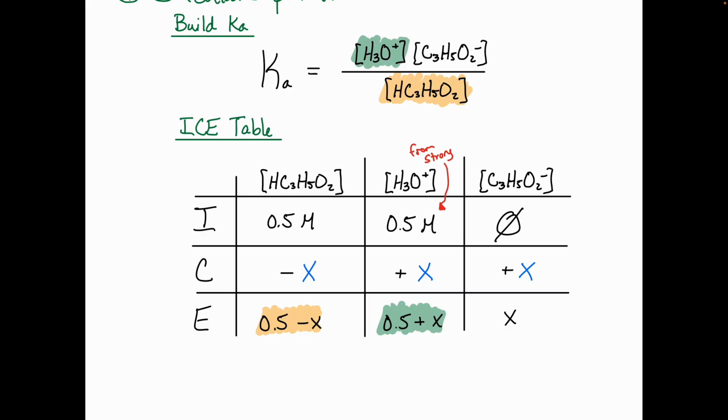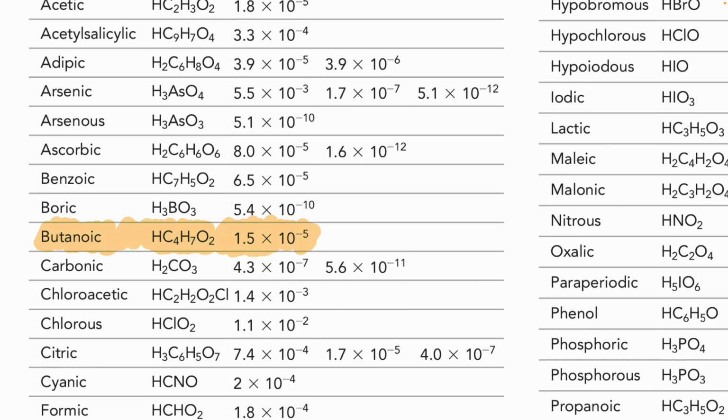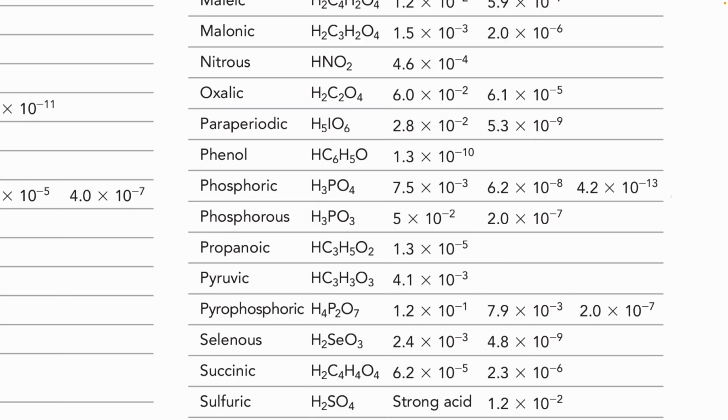I got too many variables as is, but I know the equilibrium constant for this reaction. Where do I find that? That constants page, right? So we have that chart that has all those different Ka values. So we got to look it up for this specific acid. Again, this is propionic acid or propanoic acid, either one, but that's this guy here. 1.3 times 10 to the negative 5 is that equilibrium constant there.